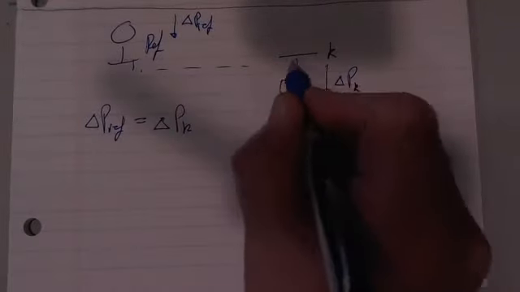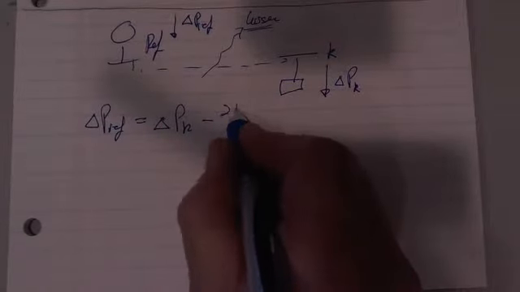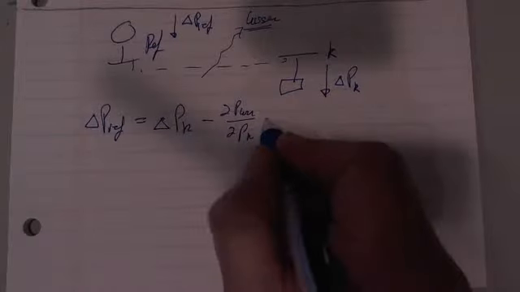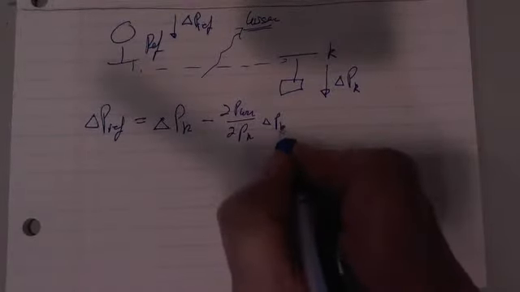And it will turn out that delta P ref is going to equal delta PK plus, and we're going to have a transmission system in here, and there's losses. So we're going to say then that it's minus dP loss, dPK, delta PK.